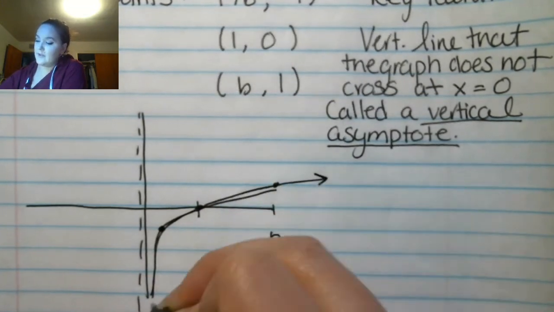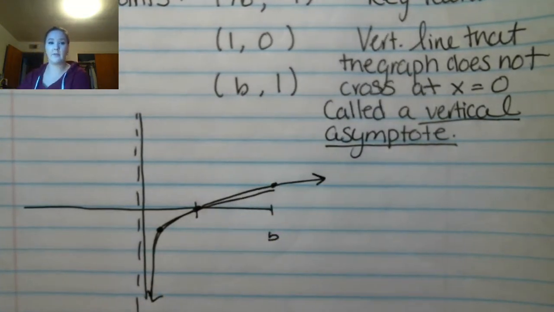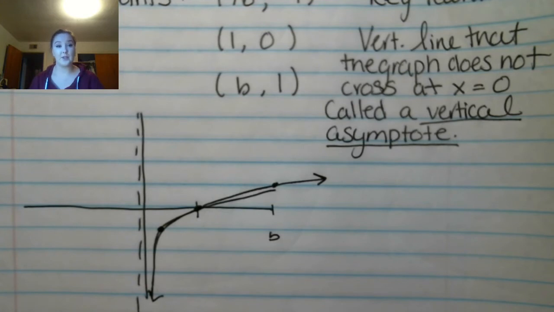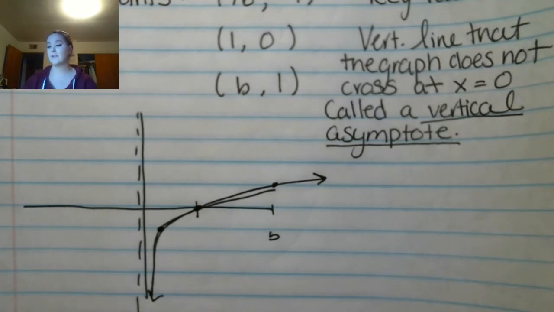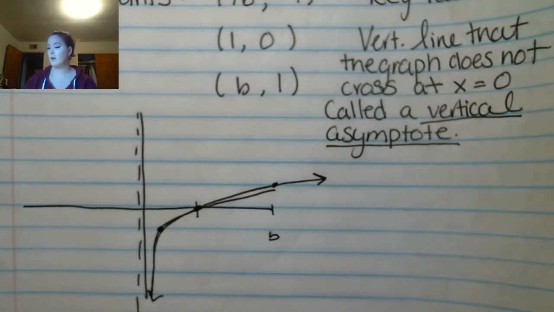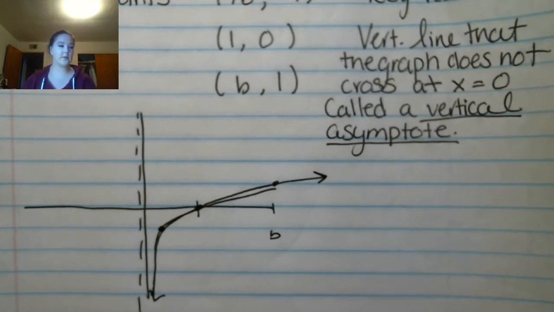And this is the basic shape of our log graph. It should look to you like the exponential graph reflected across the line y equals x. And of course it is that graph because those are inverse functions. So same basic shape, just reflected. All right, so let's go ahead and look at some examples.